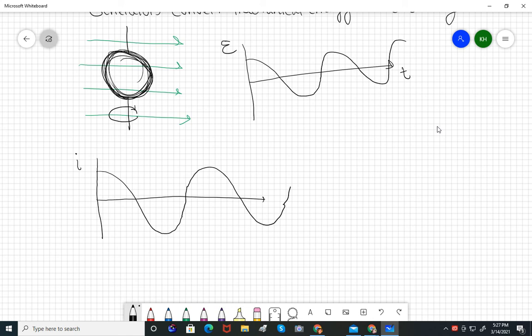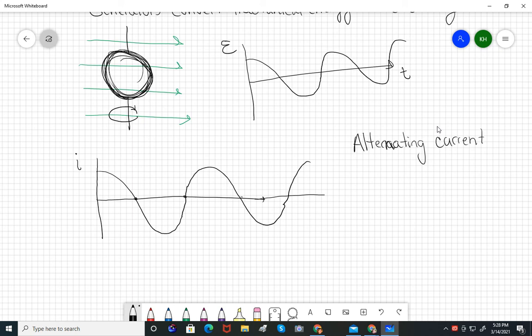Now, we're not going to do chapter 22, but I want to talk a little bit about alternating current, which is what this is. Notice when the current is positive, it's going in one direction. When it goes negative, it's in another.